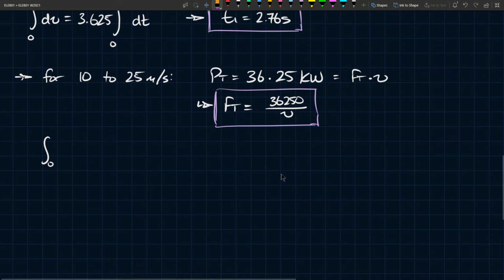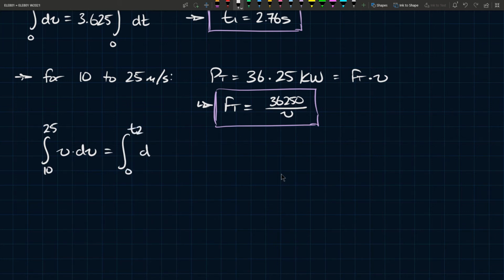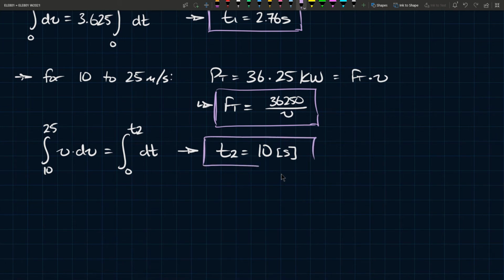So we can say that if we want to go from 10 to 25 meters per second, this is V times dV, and you will have on the other side 0 to T2 dt, and if you solve this, you'll get that T2 is equal to 10 seconds, which confirms that we can do this in 10 seconds, right? So it may be such that in the first case we were able to achieve 10 seconds, but in the second case we weren't. But this example was designed specifically to do that, but this is just a verification of that.